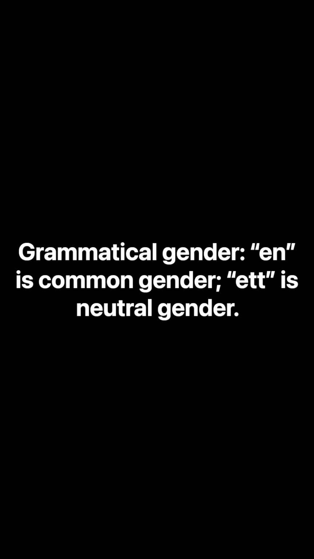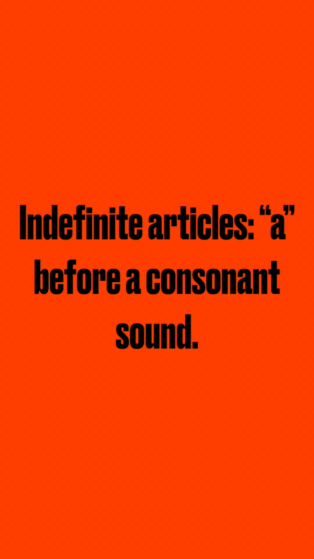Now, there is no reason why one word should be ett and another should be en in modern Swedish. It just is that way. Once upon a time, there were rules involved, but those rules no longer apply. So we just say en kvinna, ett barn, en man, ett hus. And these are common gender and neutral gender.